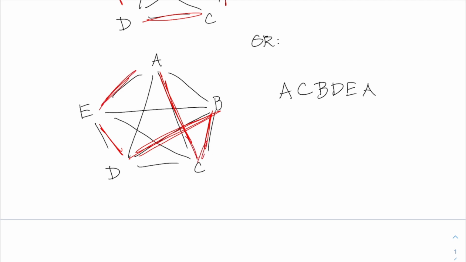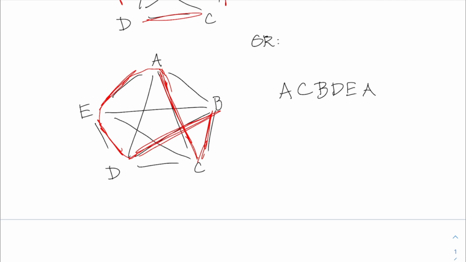This looks kind of like a little fishy. A, C, B, D, E, A is also a Hamilton circuit in this graph.